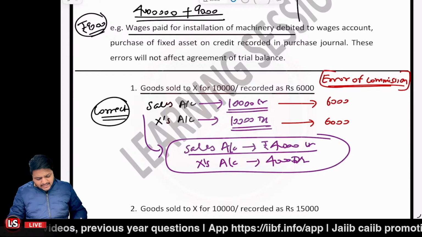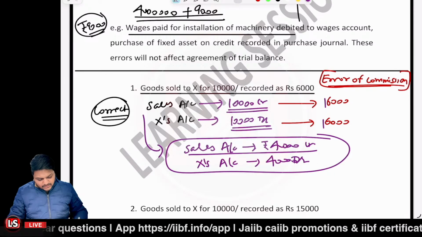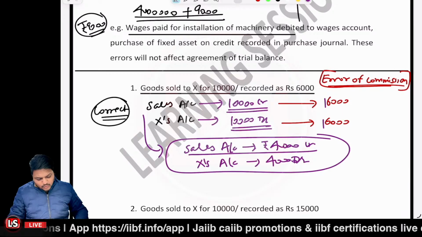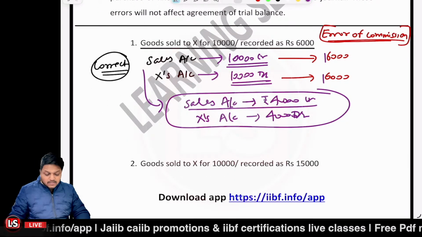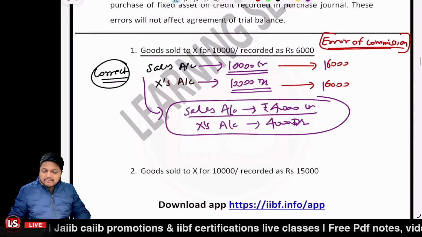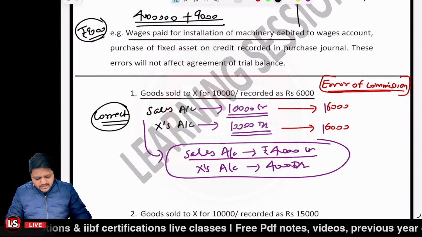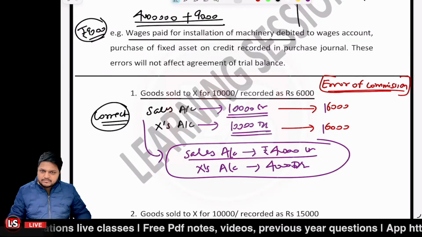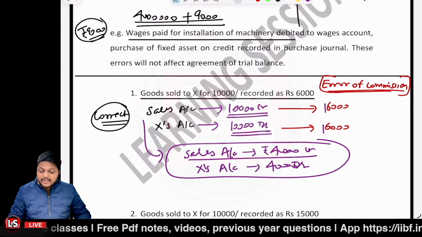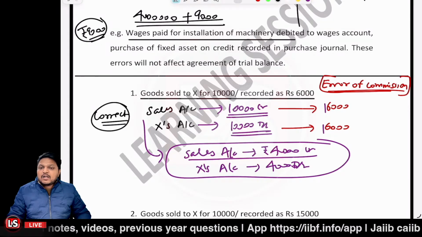But let's say that instead of rupees 6,000, we posted the entry amounting to rupees 16,000. Now in this scenario, the balances are overcasted. Now, so as to compensate, the contra entries are to be passed.